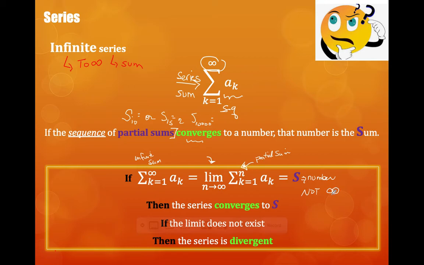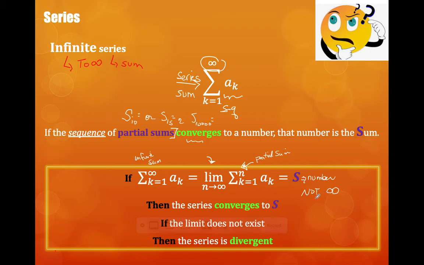If your limit of the sums, S sub 10, S sub 15, S sub 1,000, S sub 5,000, S sub 1 million, if you make a sequence out of those summations, what do those finite sums approach?